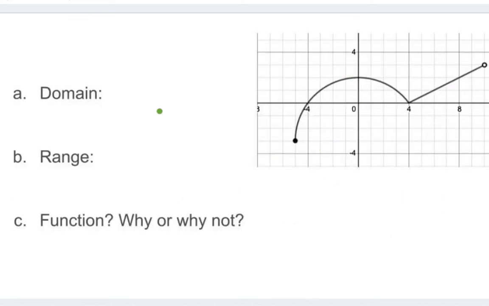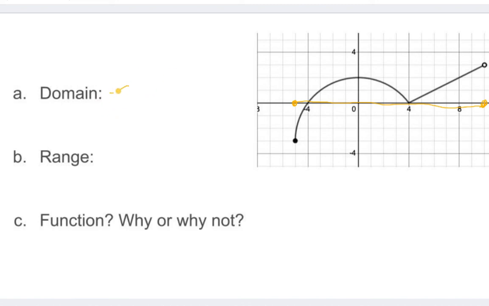This is a funky looking graph. We can still find the domain, the range, and decide if it's a function or not. So domain on the x-axis goes low as you see the graph. That's here at negative 5. Highlight the x-axis where you can still see the graph, and it stops here at 10. Now with the domain, again, we're going to write it both ways.